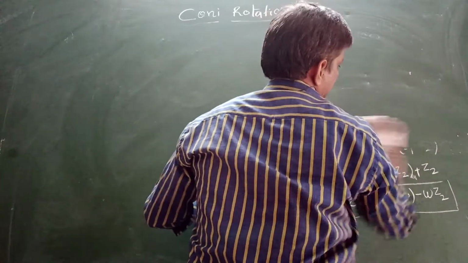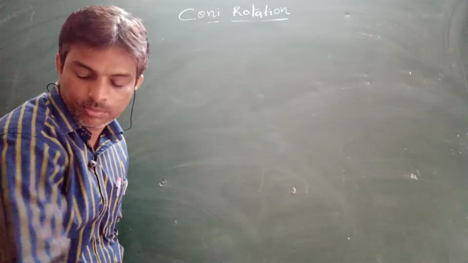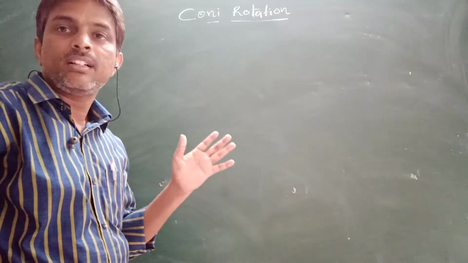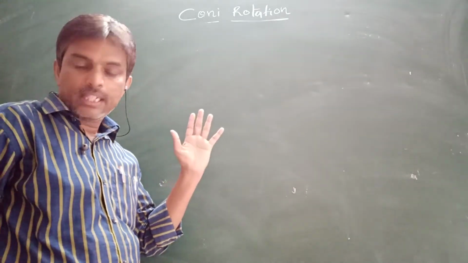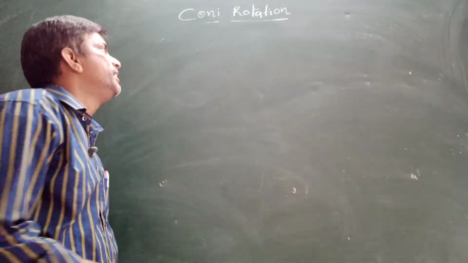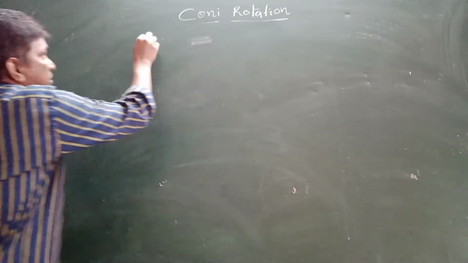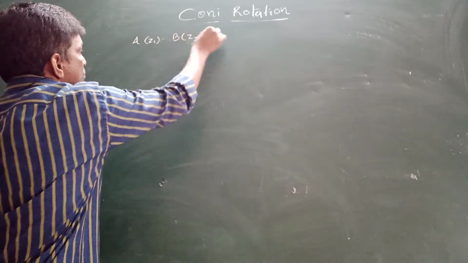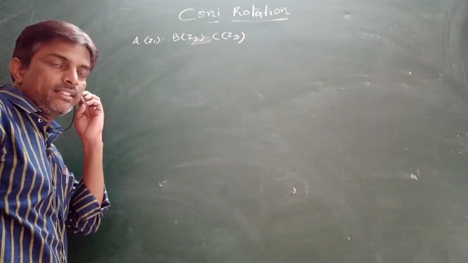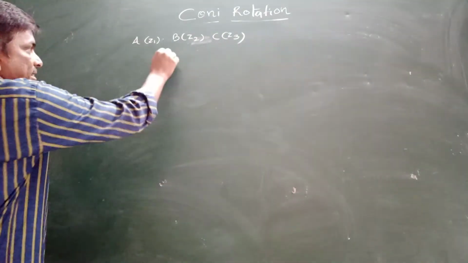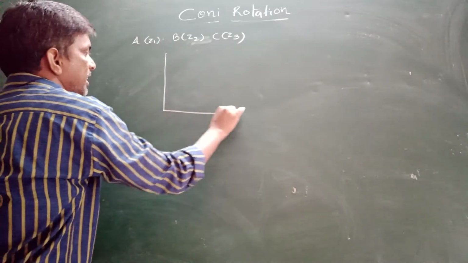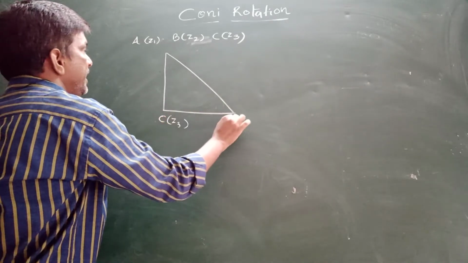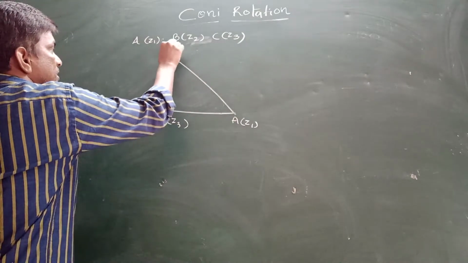Now let us see the second problem. The complex numbers Z1, Z2, Z3 are the vertices of a right isosceles triangle at C. I am writing here: A is Z1, B is Z2, C is Z3, the vertices of a right isosceles triangle at C. This is C, whose complex number is Z3, this is A, Z1, and this is B, Z2.